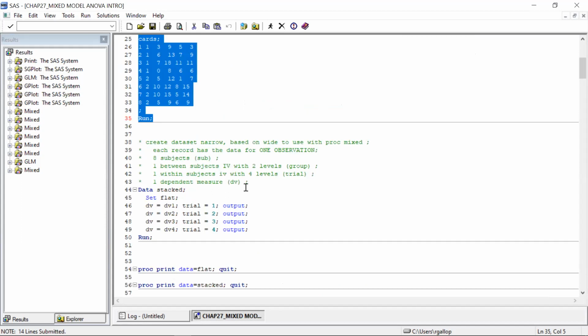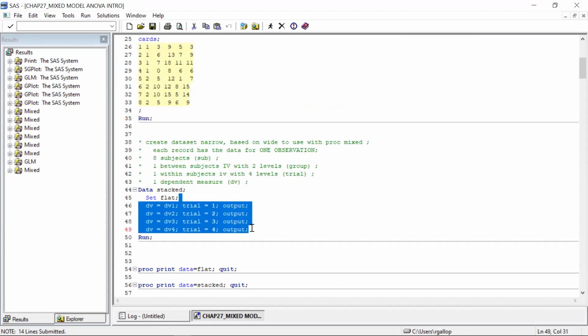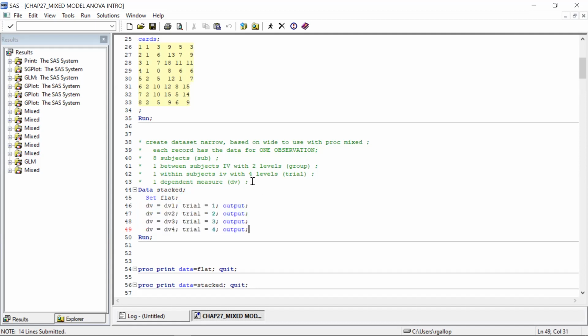Now for us to use proc mixed as the repeated measures modeling platform, or whatever you guys are using, the lme4 in R, xtmixed in Stata, we need to turn this data into what we call a stacked file. Here you use proc transpose, creating a variable DV for dependent variable, and a variable trial, which indicates the time point.